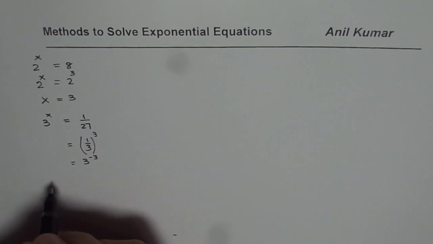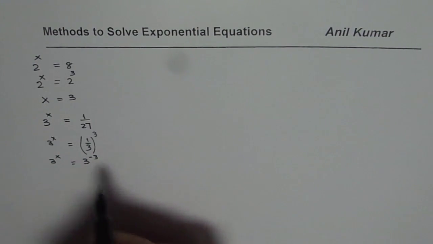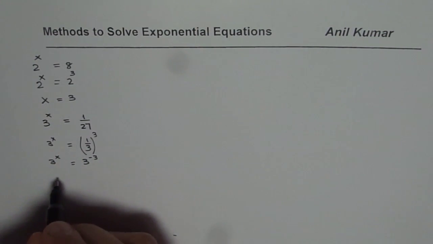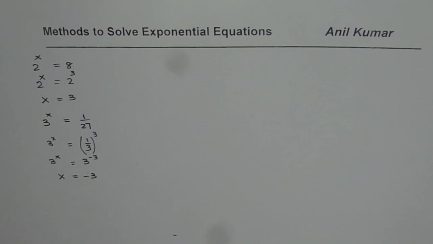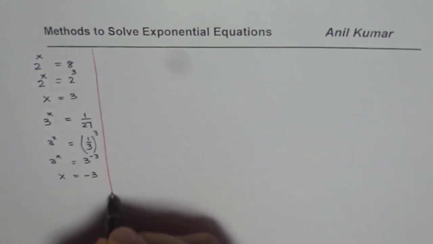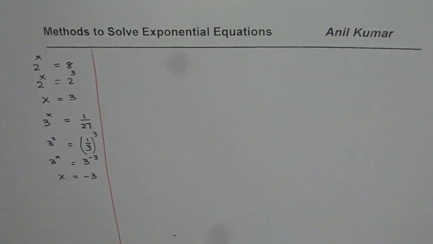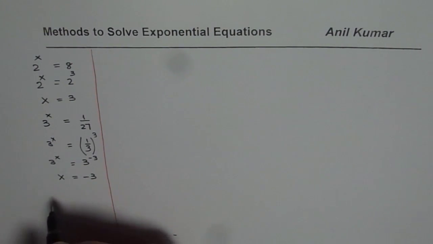So if you compare, we have 3 to the power of x equals 3 to the power of minus 3. So we get x equals minus 3. Now this is a very effective way of solving exponential equations. You can always, if possible, write both sides of the equation with the same base and get your solution.